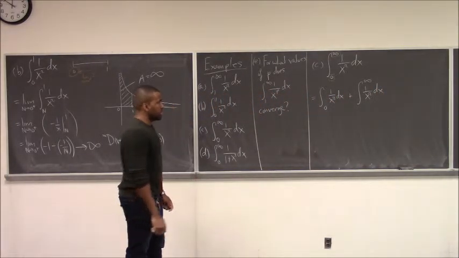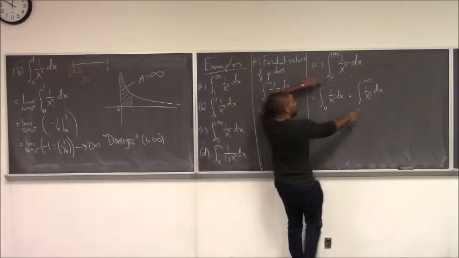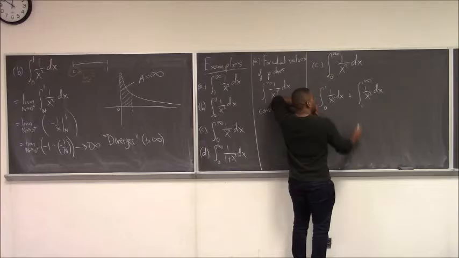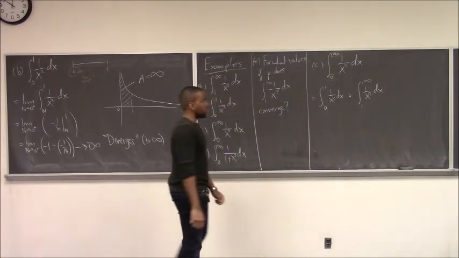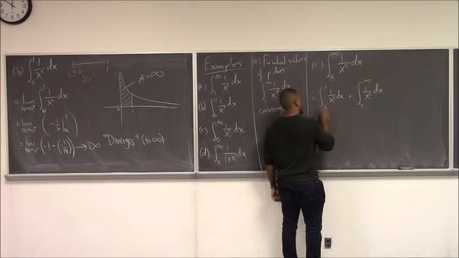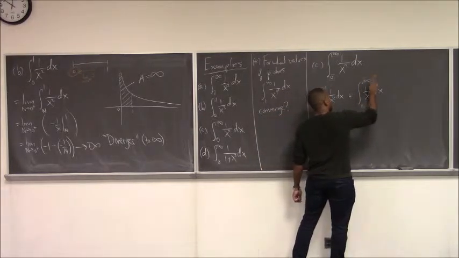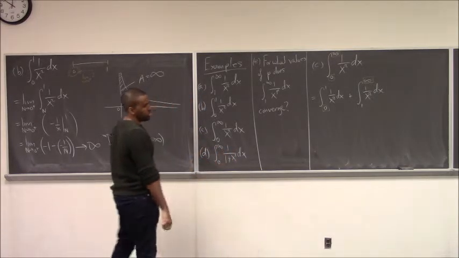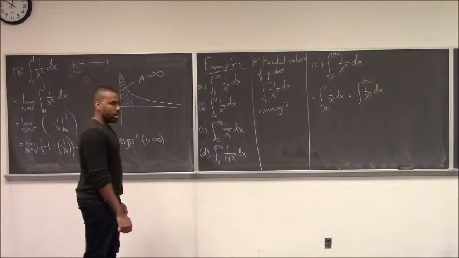In general, you can pick any number you want here. But let's just put 1 for definiteness sake. So now I split it up into a situation where I only have 1 bad point at a time to worry about.